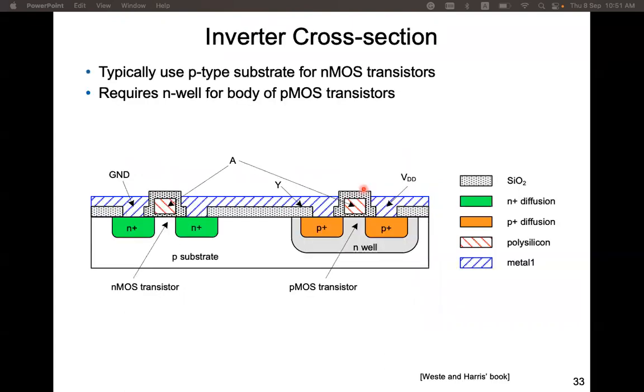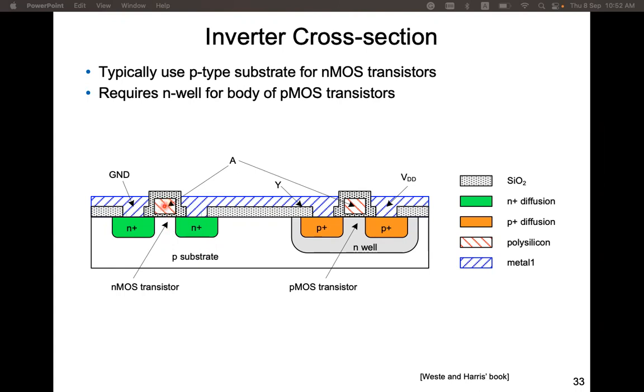Physically, the CMOS inverter looks like this. This is a cross-sectional diagram of a CMOS inverter. This part of the device is the NMOS, the N-channel MOSFET, and this region is the gate.